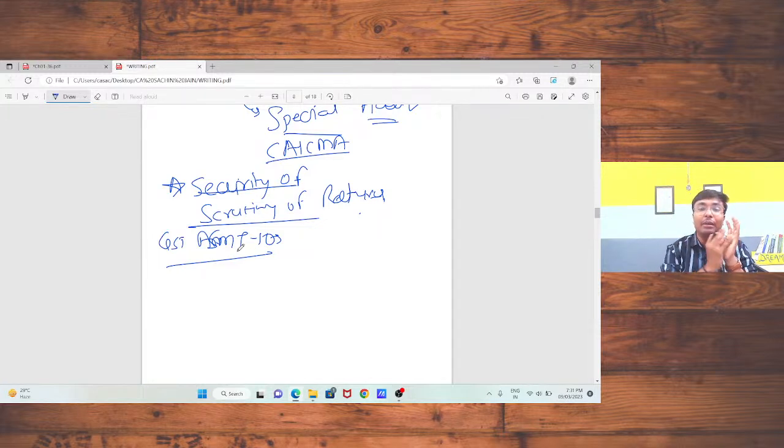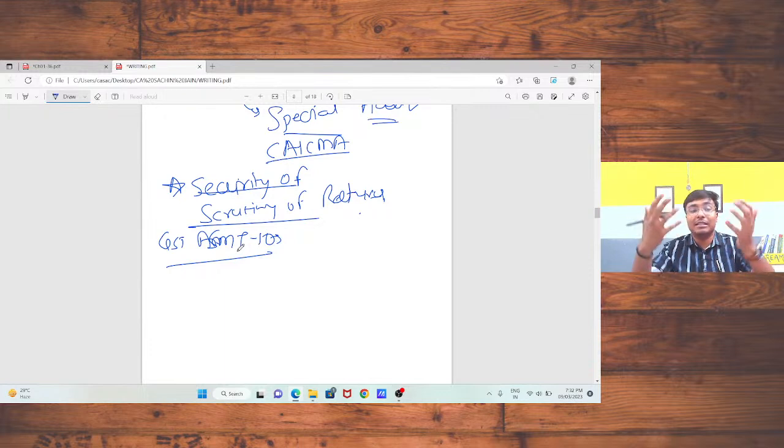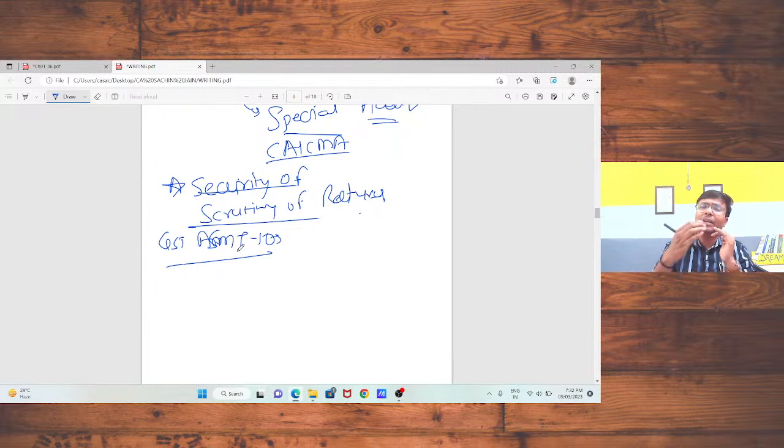If the proper officer thinks there is a discrepancy in your return filing, or you paid less tax, or claimed excess input tax credit, or did not pay the required tax, the department will issue a notice in form GST ASMT 10.